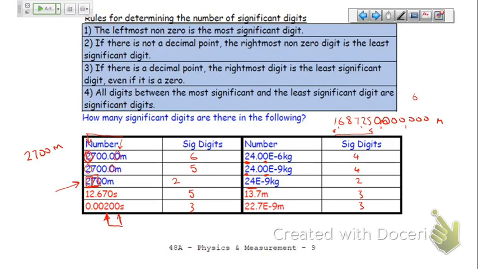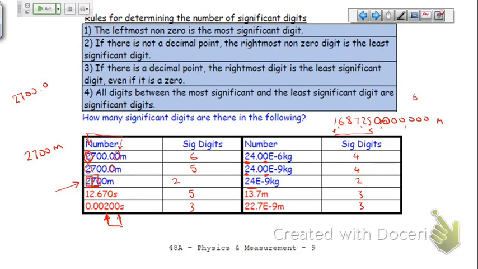2,700 meters, what ruler did I use? Did I use a meter ruler to measure this value? Did I use a ruler that had tens of meters? Did I use a ruler that had hundreds of meters? Did I use a ruler that had thousands of meters as its smallest division? It's not going to be ones, because that would be 2,700 point something.